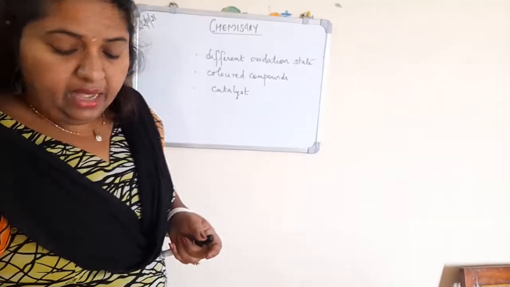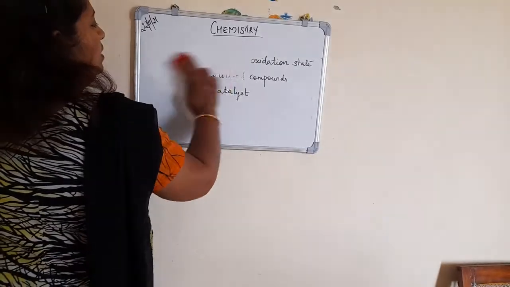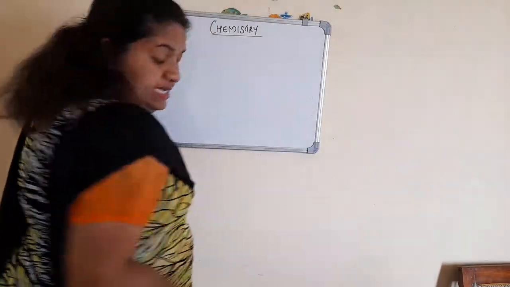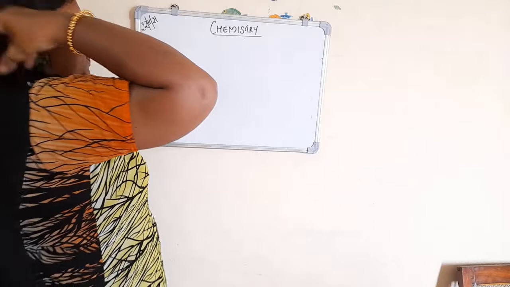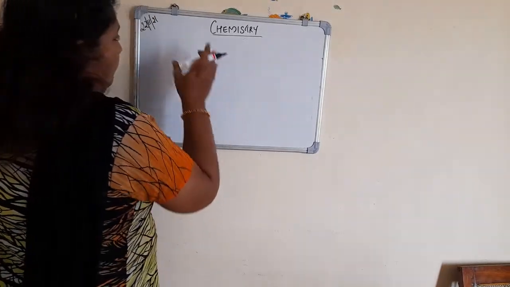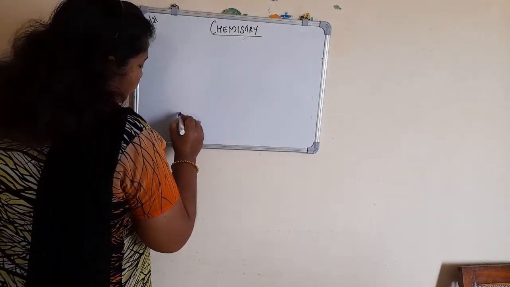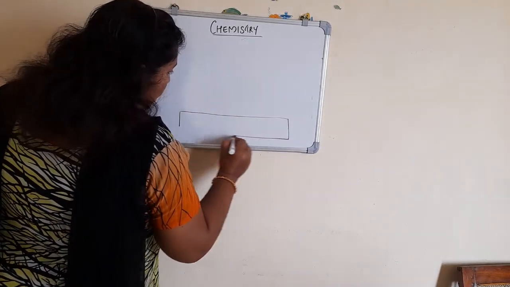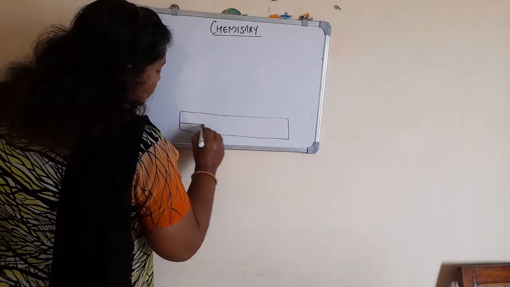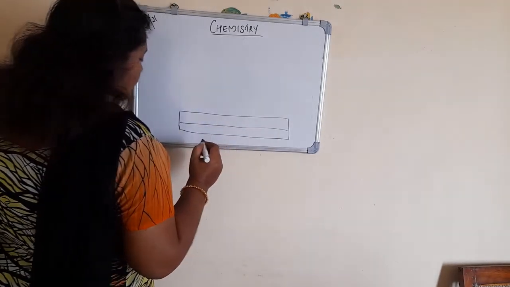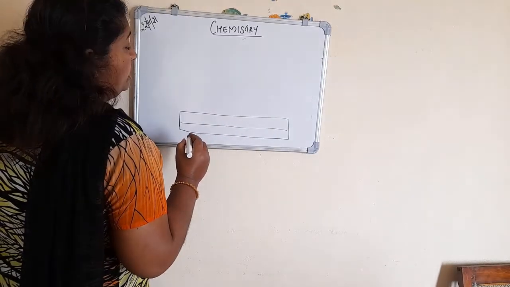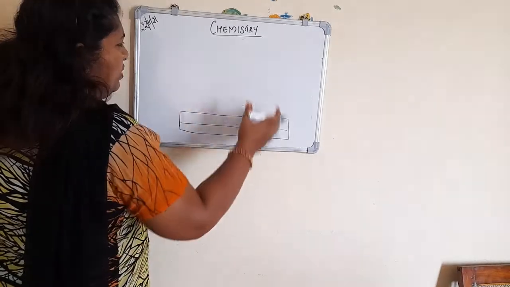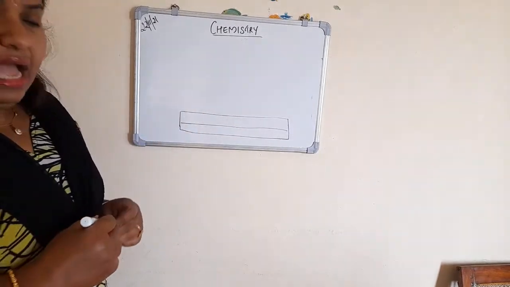Now next, when you go through the periodic table, you can see two rows of elements which are kept at the bottom of the periodic table, just separated.